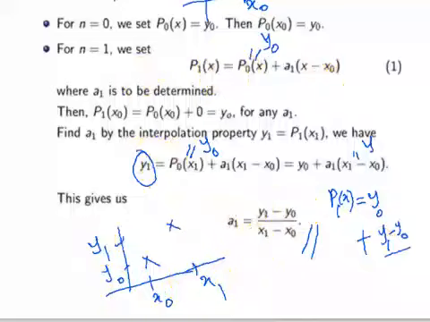So here you have x1 minus x0 times. So when you throw this one into here, this becomes x1 minus x0. We can cross this off.